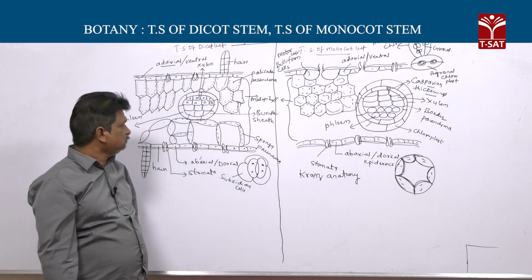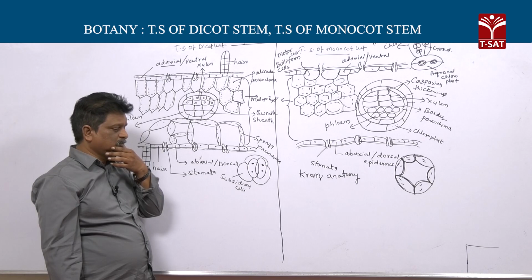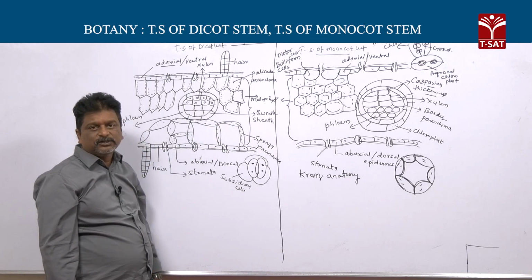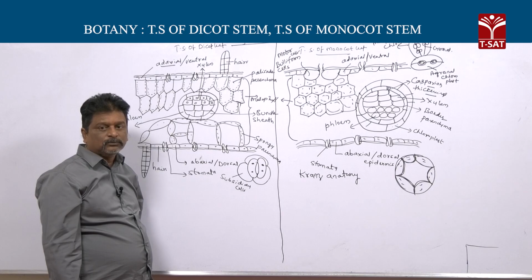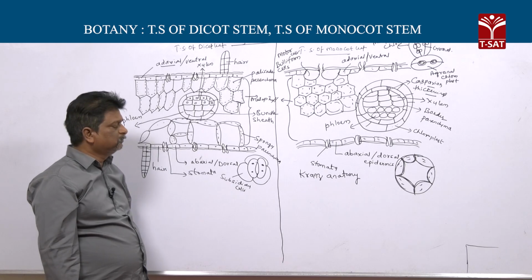Then in some plants like Nymphaea, mesophyll cells contain sclereids, that too star shaped, called astrosclereids.